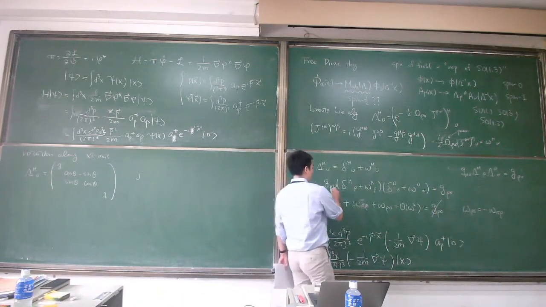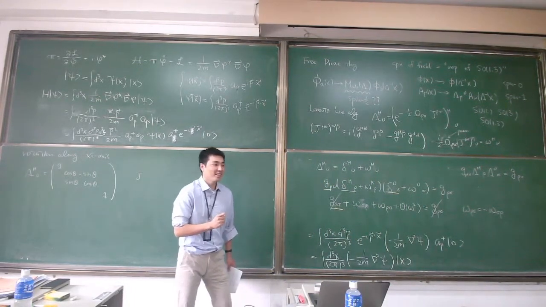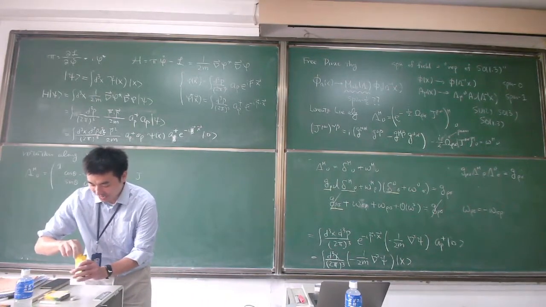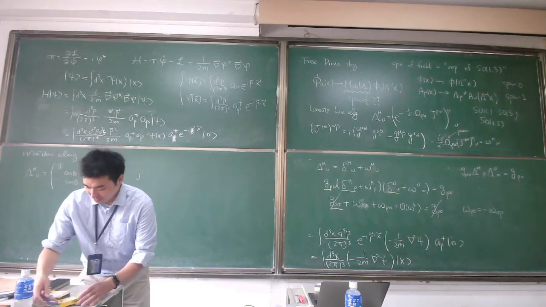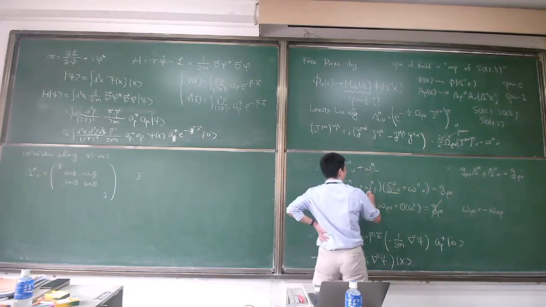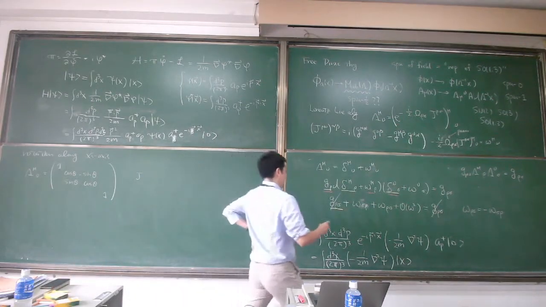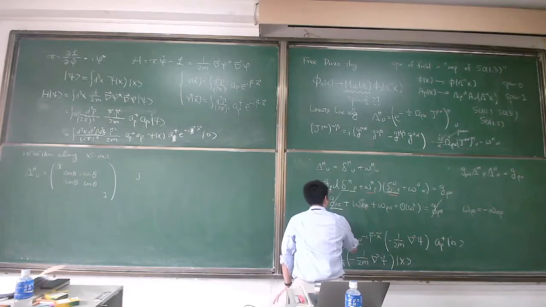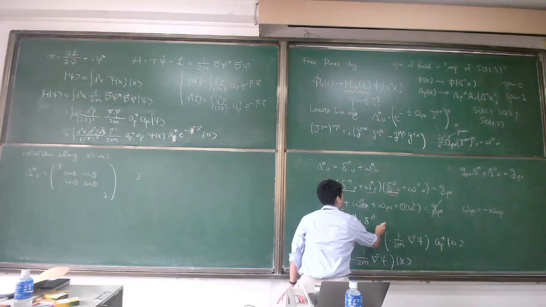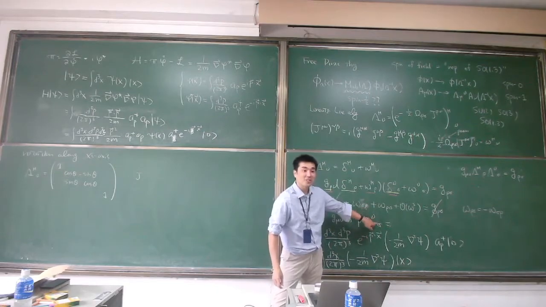So this times this one will give you this term. Do you agree? Okay, then let's go to the next one. Use the red one. So this times this one. We look at G mu nu, omega mu rho, delta nu sigma. So this red term is G mu nu, omega mu rho, delta nu sigma. Do you agree?